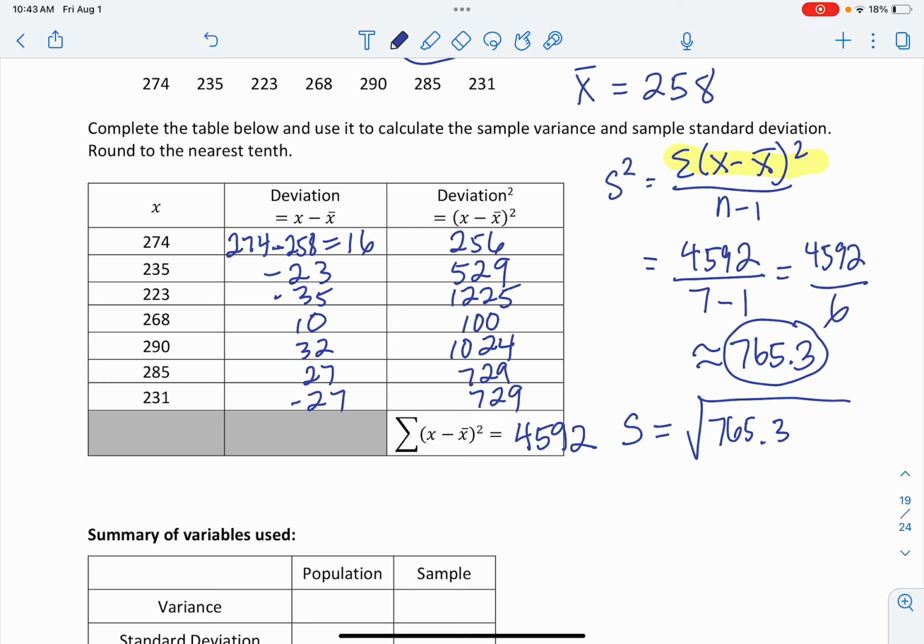It's actually 765.33333333. So I'm going to include a few extra threes when I do my calculation so that I don't get some propagated error. And this is about 27.7. So on average, these data values are deviating from the mean by about 27.7 pounds.